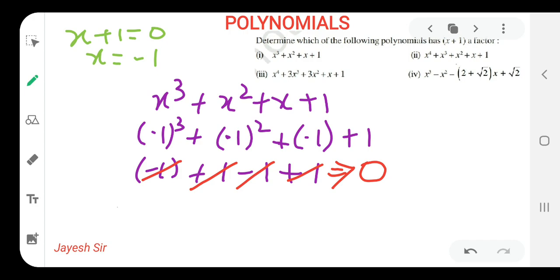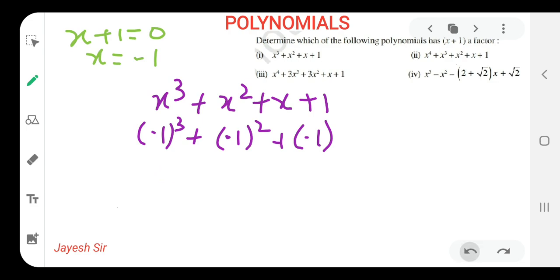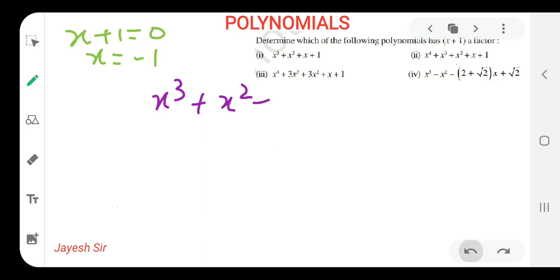Yes, what we can say, x plus 1 is the factor of x cube plus x square plus x plus 1. Yes, friends, if we are not getting equals to 0, then we can say x plus 1 is not the factor of the given polynomial equation. I hope it might be clear to all of you. So now pause the video and try to solve by your own. We have to just put the value of x as minus 1 in the remaining three sums also. So let's solve the remaining three sums.